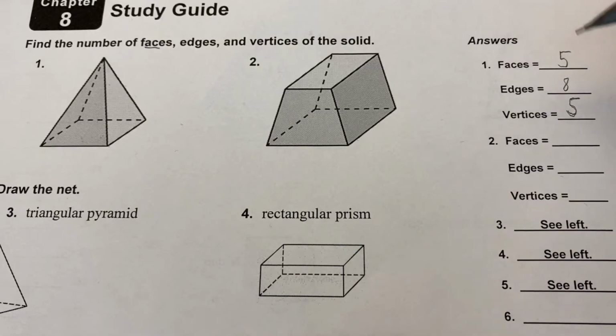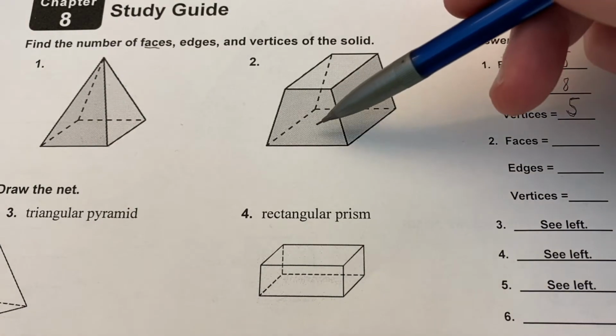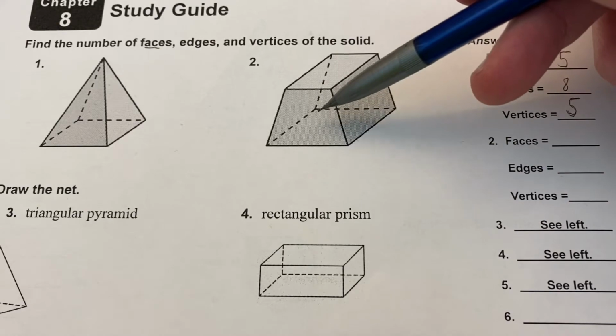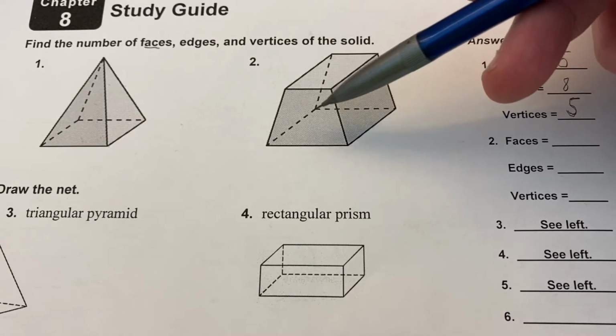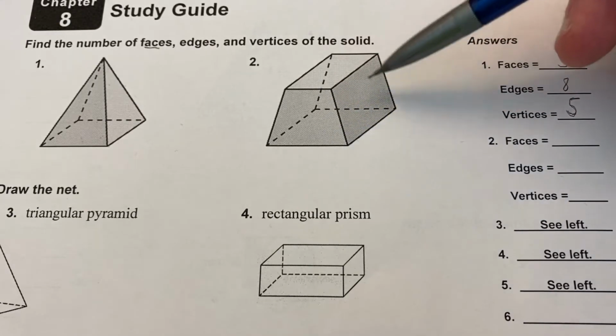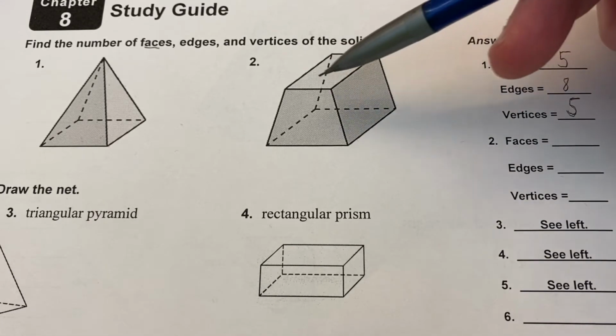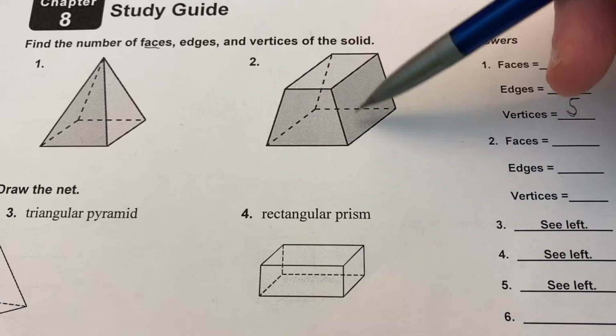All right, so on number 2, same thing, we're identifying the faces, edges, and vertices. So number of faces, this would actually be a trapezoidal prism, is the term for this solid here. So the number of faces, you have 2 trapezoids as your bases, and you have 4 sides. So there's 4 rectangles attached to this prism along its side.